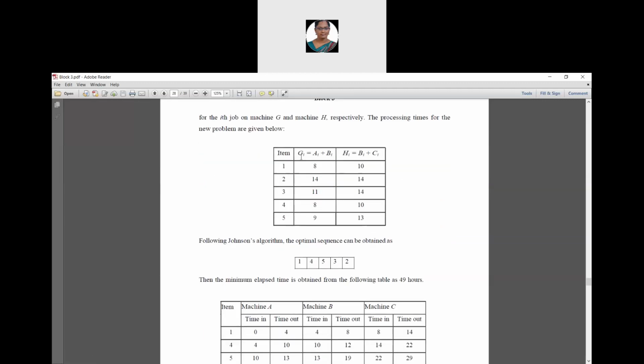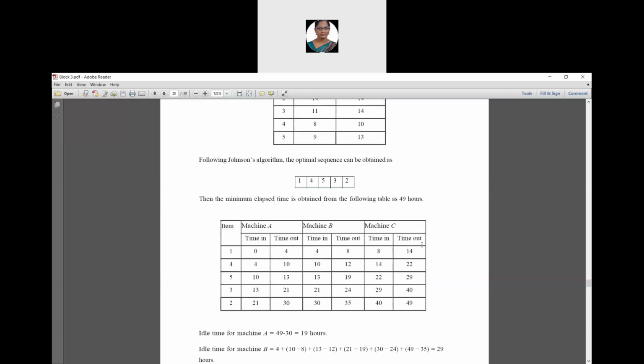The first column denotes the job values 1, 2, 3, 4, 5. The second column denotes the dummy machine G, which is the first machine plus the second machine, and the third column denotes the dummy machine H, where we add the second machine and the third machine. So following Johnson's algorithm, the optimal sequence can be obtained as 1 4 5 3 2.